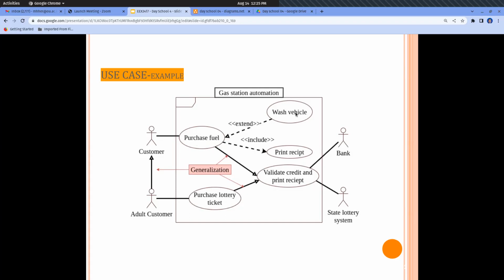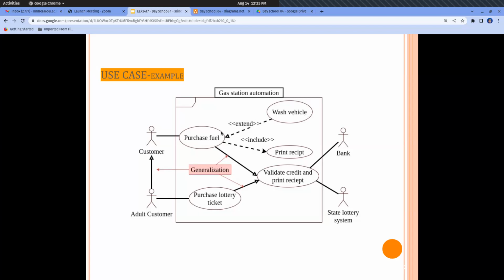Now, this use case, wash vehicle, is not a mandatory one. It is not necessary. Some customers may want to wash the vehicle, some just fill the fuel and go. So this line means extend.